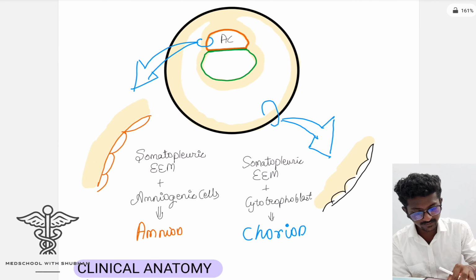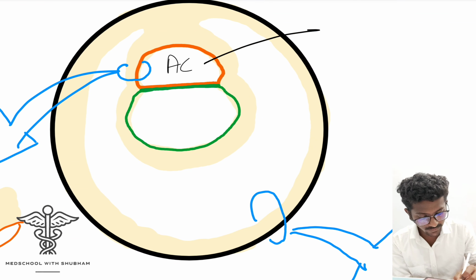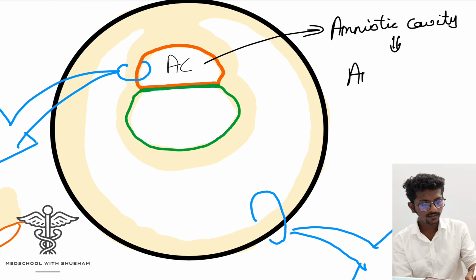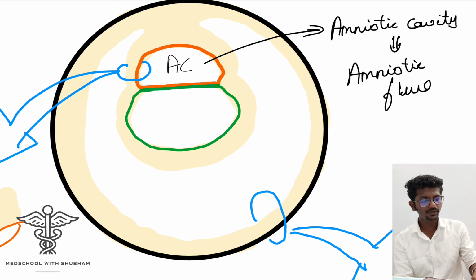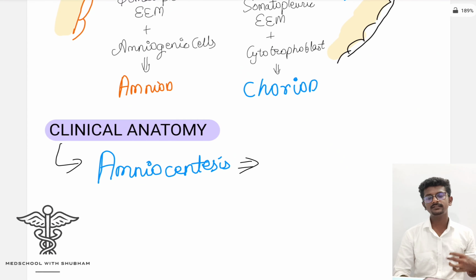As I said, this is the amniotic cavity lined by the amniogenic cells. This amniotic cavity contains a fluid which is called the amniotic fluid. Now what do doctors do?